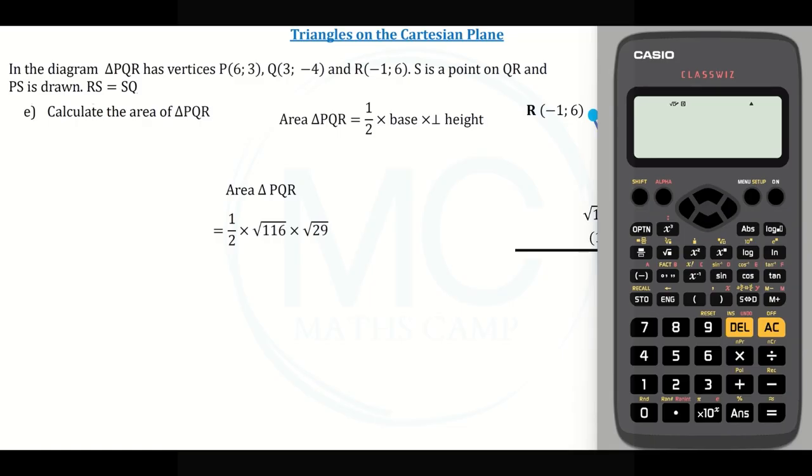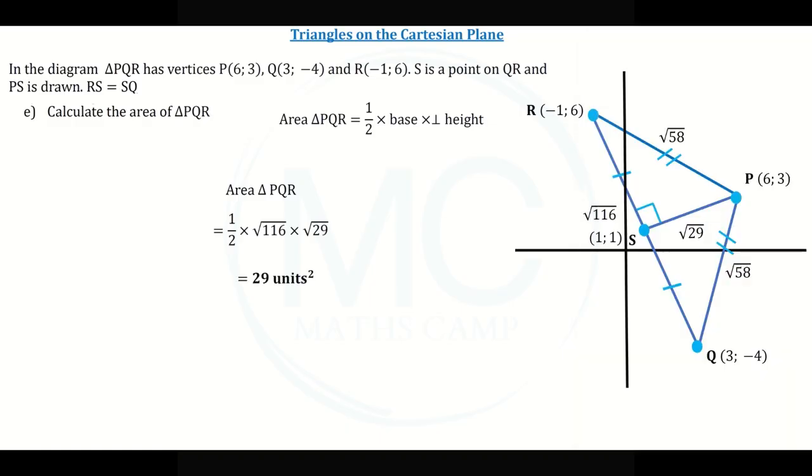Now we can take our calculator and we say 1 over 2 multiplied by the square root of 116 multiplied by the square root of 29 is equal to 29 units. So this is the area of the triangle, and we write it as 29 units squared.